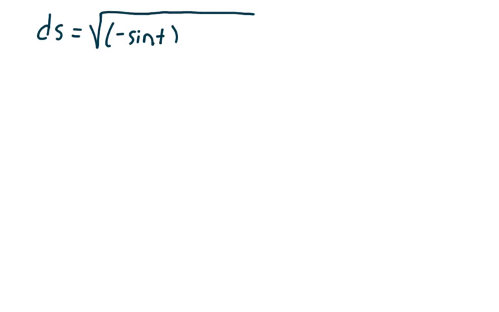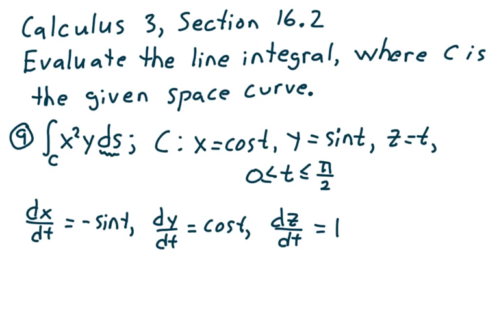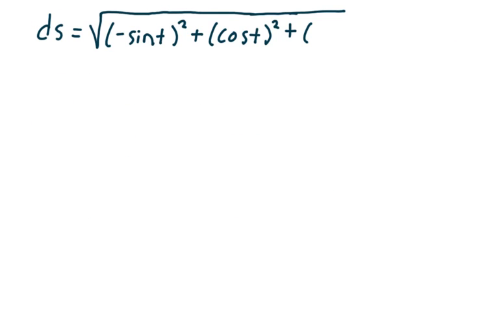And so ds is the square root of dx dt squared, which is negative sine t quantity squared, plus dy dt squared, which is cosine t quantity squared, plus dz dt squared, which is 1 squared, dt. But remember that sine squared t plus cosine squared t is equal to 1. And so that says ds is the square root of 2 dt.